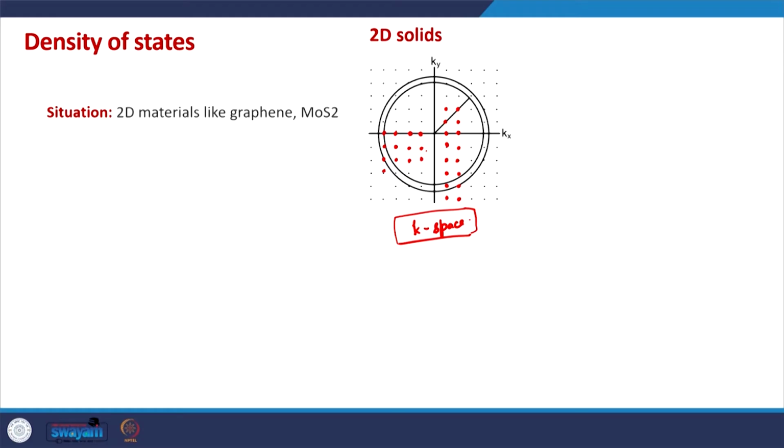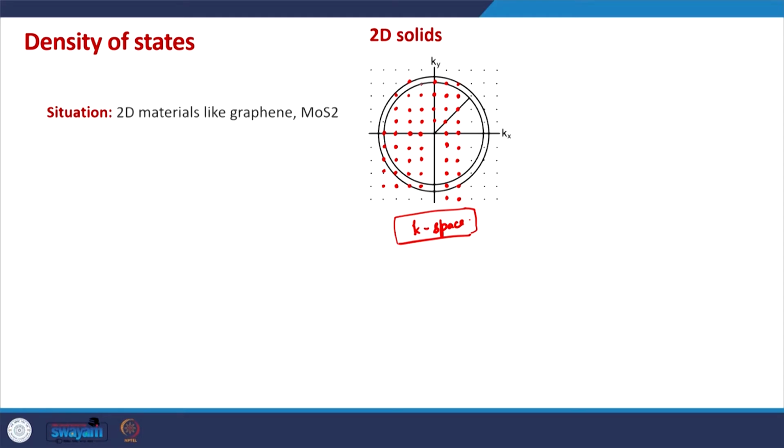So, we need to multiply the number of allowed states by 2, but at the same time we saw that points in different quadrants of the K space essentially describe the same electron, because they only have a difference of global phase, and global phase physically does not make any difference in quantum mechanics.